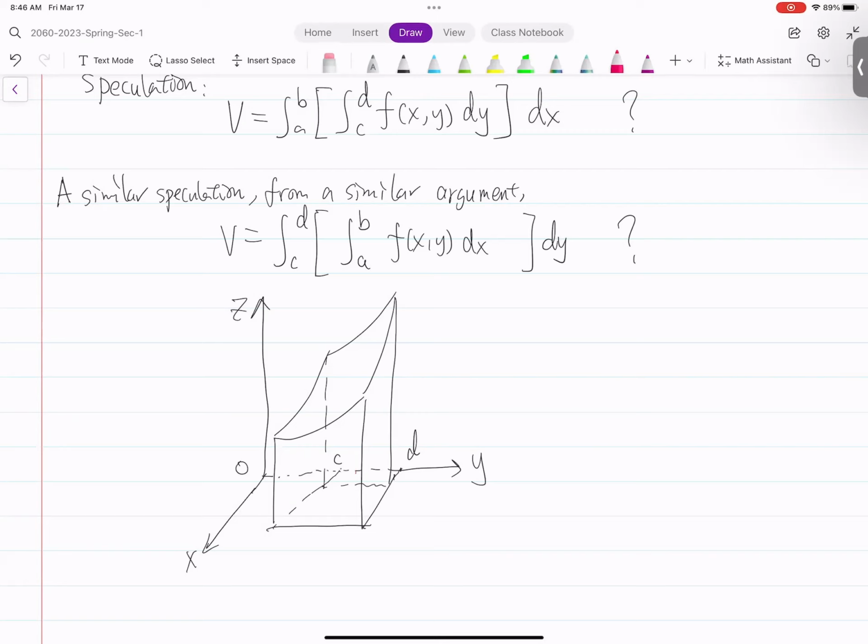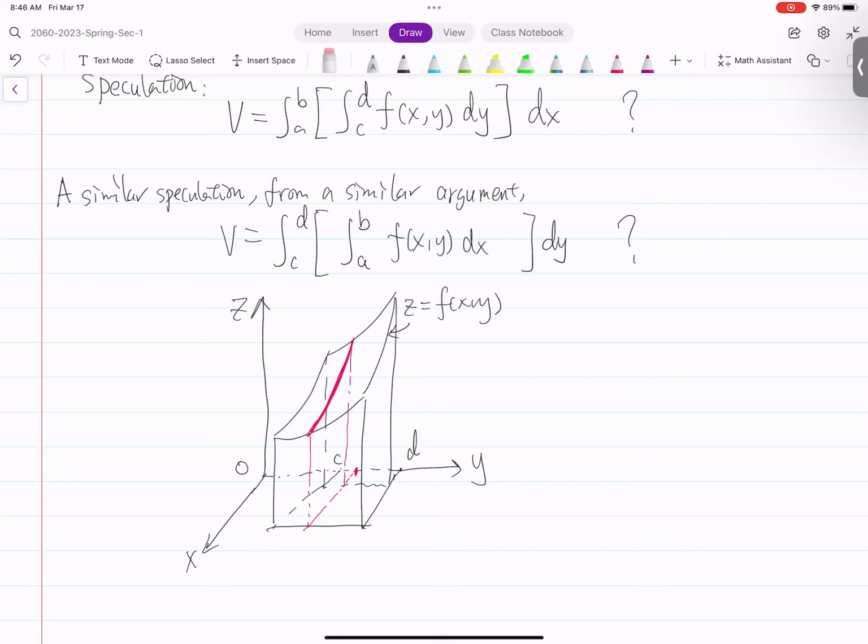So whatever y you fix right here, it's going to give you a vertical part all the way up, and the intersection. So you can say this is z equals f of x, y, which is the surface.